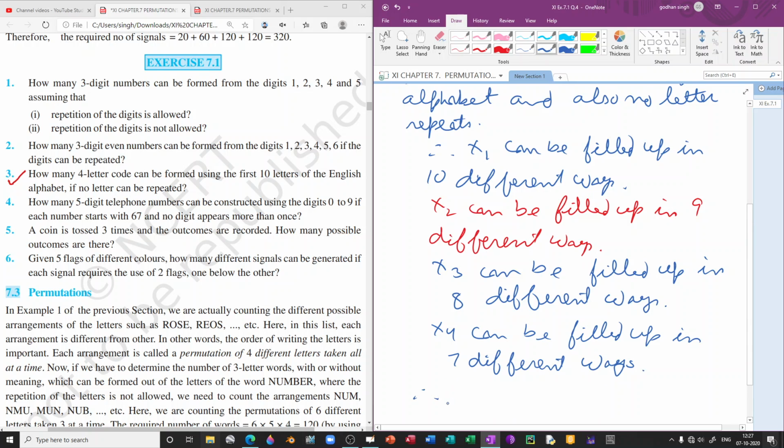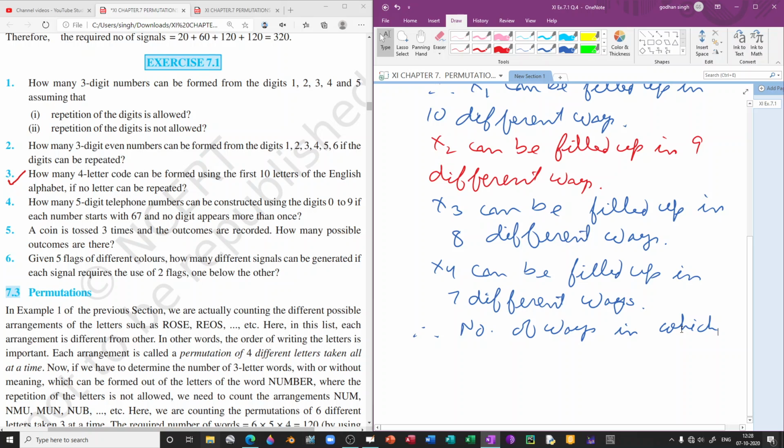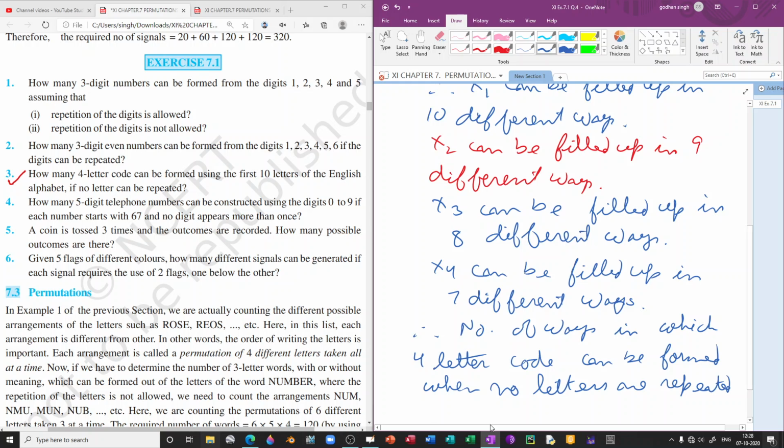Therefore, the number of ways in which a 4-letter code can be formed, when no letters are repeated under the given condition, is equal to how much?